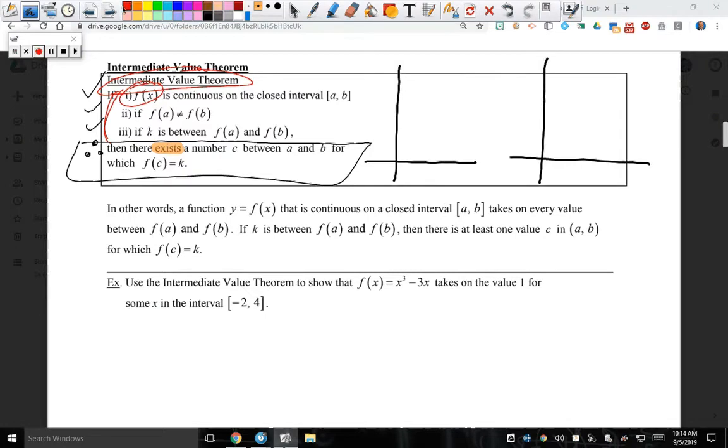So here's A, here's B, and we're saying at A there's a closed point, and at B there's a closed point. It could even look like this: at A you could have a negative closed point, and at B a positive closed point.